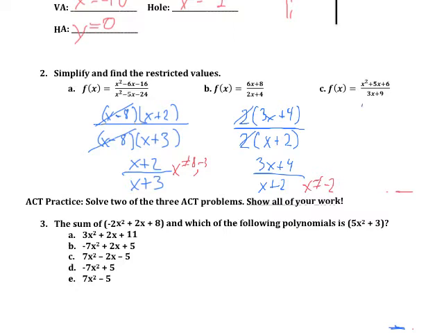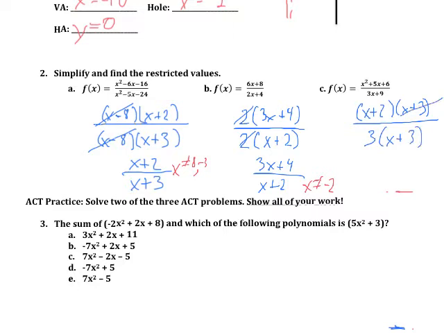Letter C, the top of that factors to be x plus 2 and x plus 3, because 2 times 3 is 6 and 2 plus 3 is 5. The denominator can divide 3 and 9 both by 3. That gives us this.